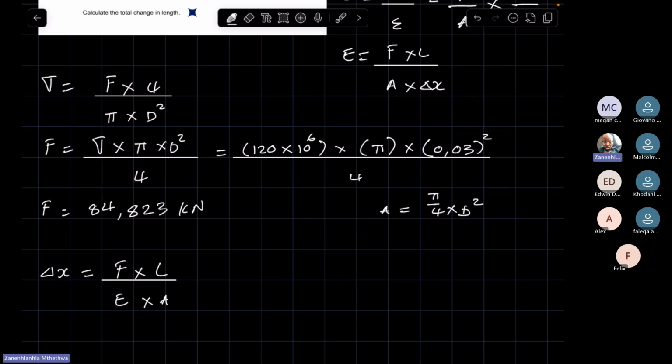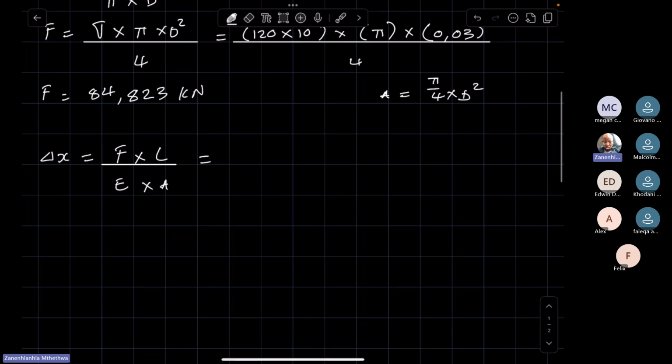So that means this will be force times length times 4 divided by E times pi d squared. Are we in agreement here?